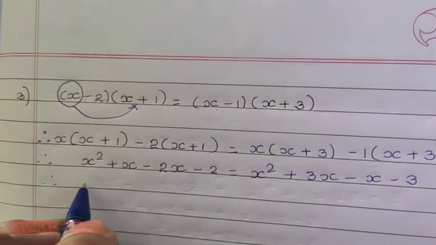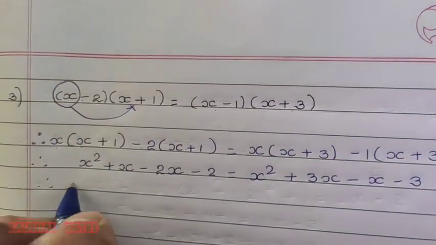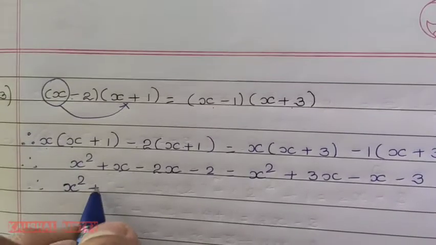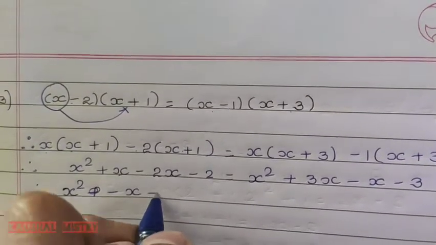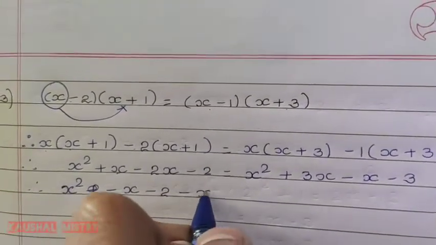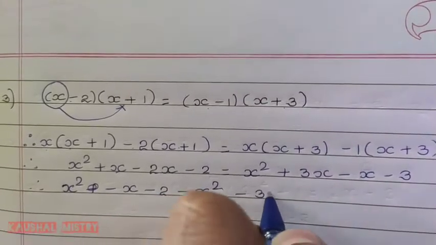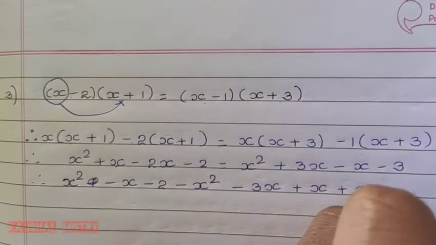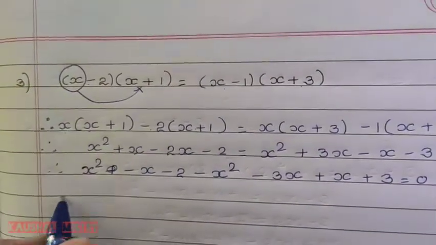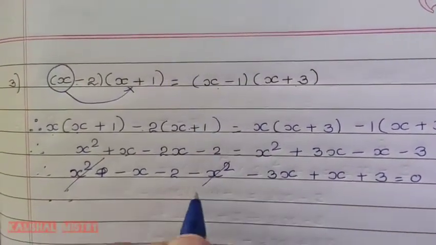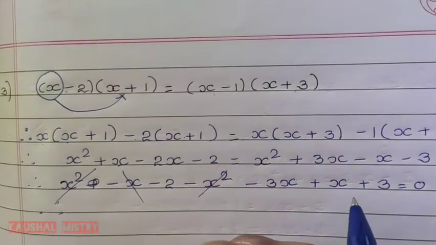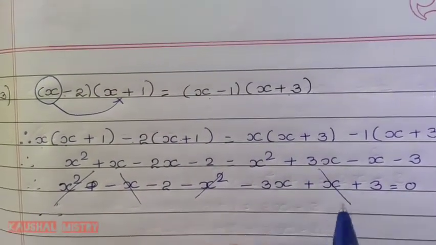Therefore we will take this on one side. So x square plus x minus 2x minus 2 minus x square minus 3x plus x plus 3 is equal to 0, right? So x square will get cancelled, and this x and this x also get cancelled.